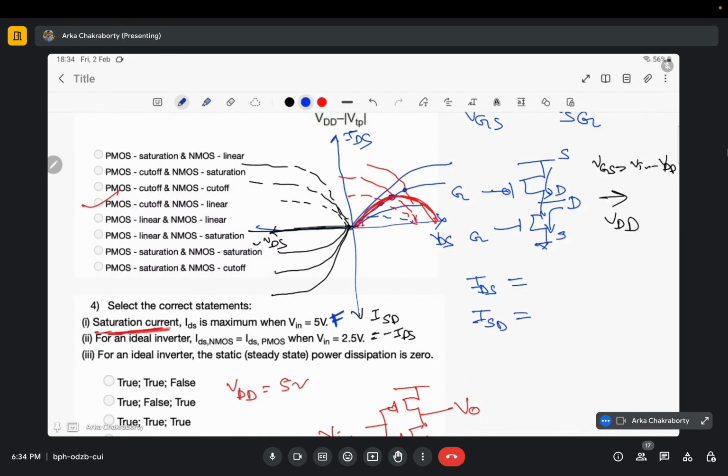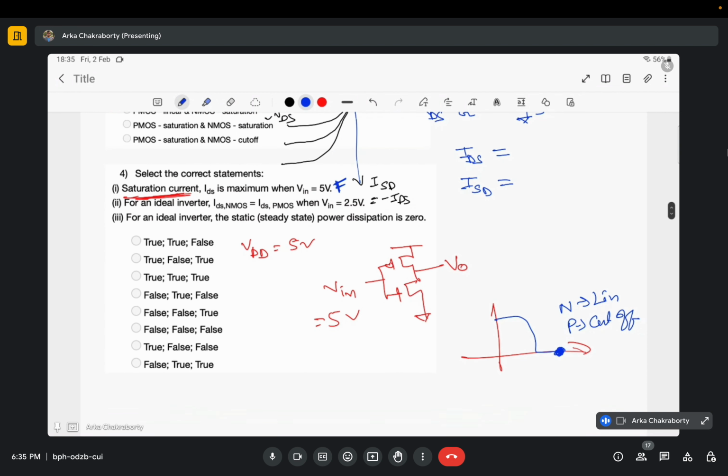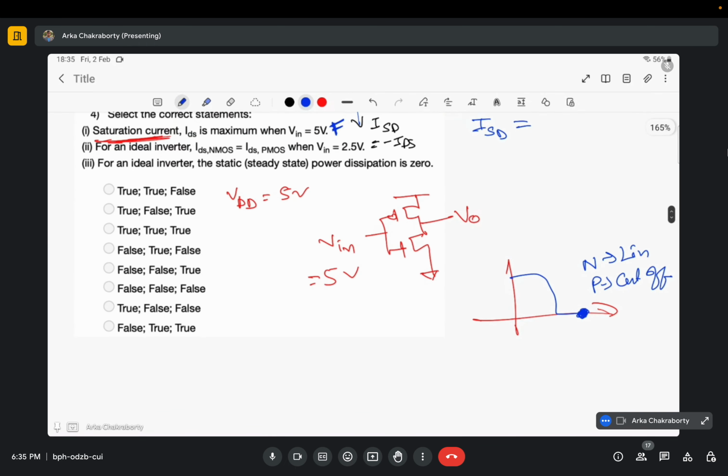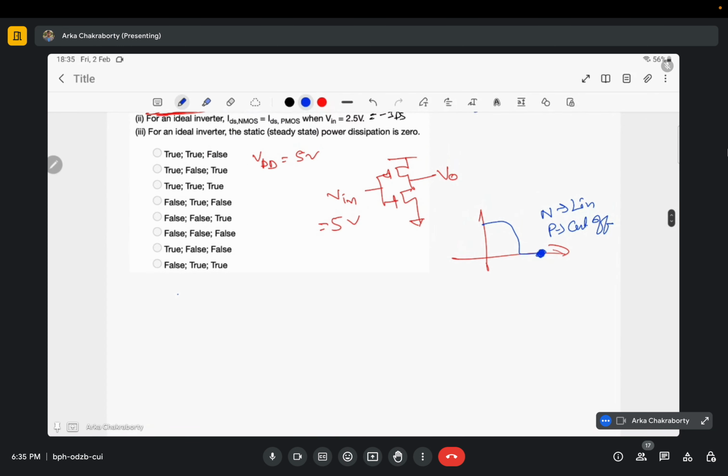Okay. The next statement is, for an ideal inverter, IDS NMOS equals IDS PMOS when Vin equals 2.5 volt. Okay, let's see. I'll be solving it, then I'll make one statement for your understanding. See, what will be my IDS NMOS?